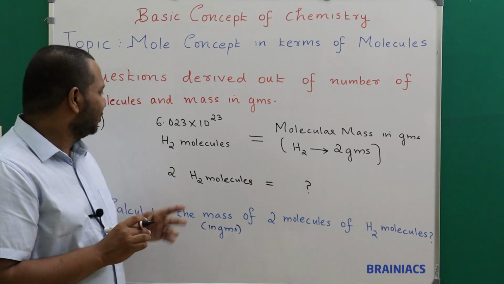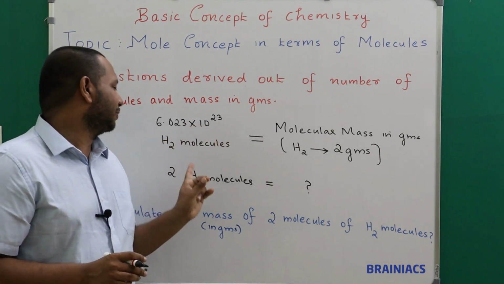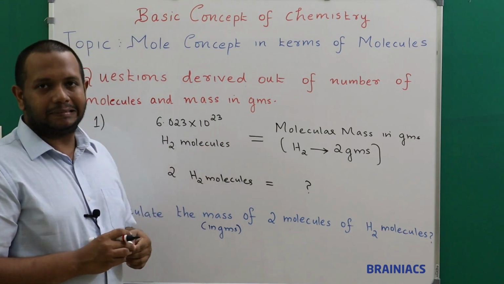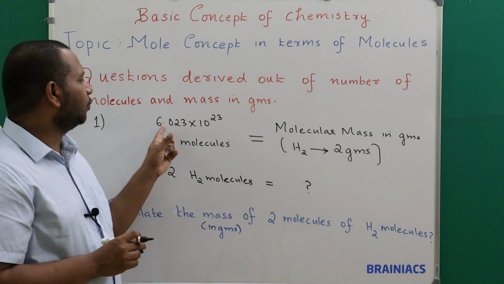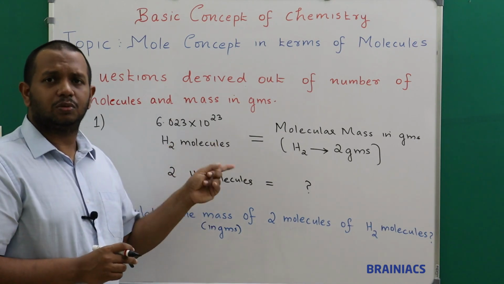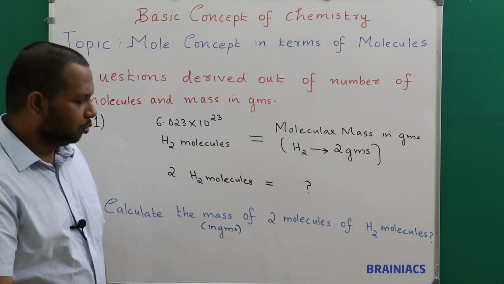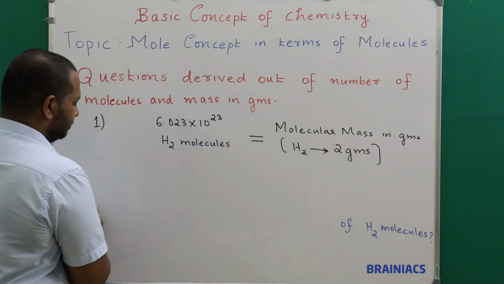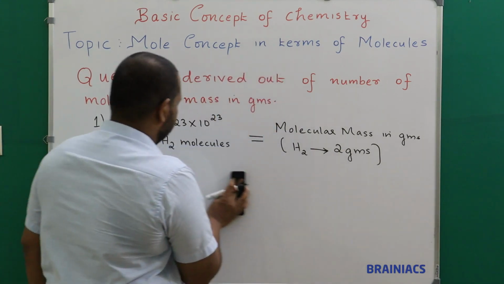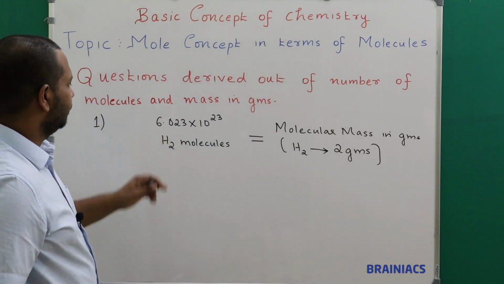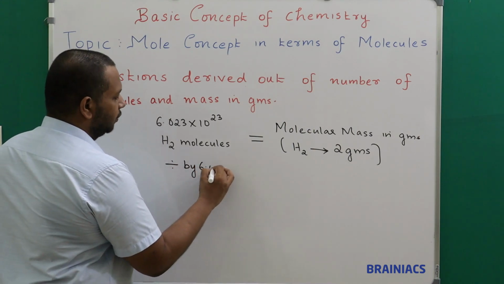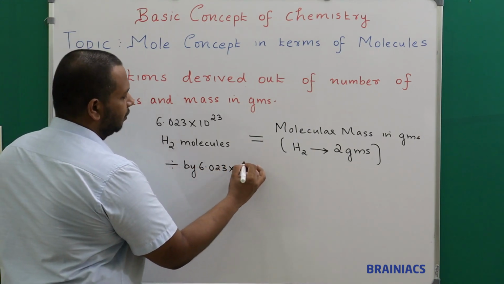Now tell me how to convert 6.023 into 10 power 23 to 2 hydrogen molecules. I know that it is not that easy, right? You cannot directly do that. So what you will do? You will convert this to 1 first. How to convert that to 1? To convert this into 1, what you should do? Divide by 6.023 into 10 power 23.